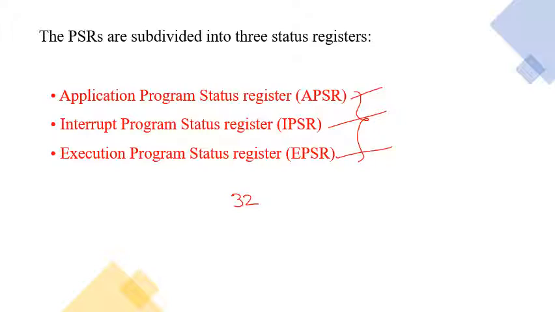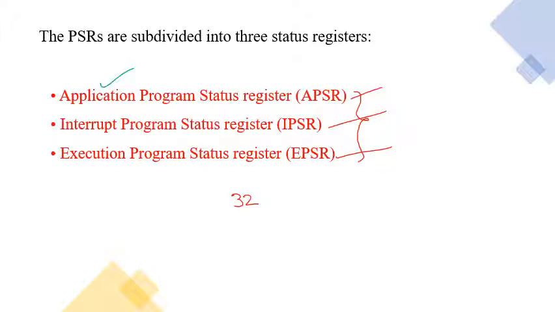APSR stands for Application Program Status Register, IPSR for Interrupt PSR, and EPSR for Execution PSR. As the name itself indicates, in the first case, that is application, if you are executing a user program for a certain application, its status can be retrieved from this APSR.